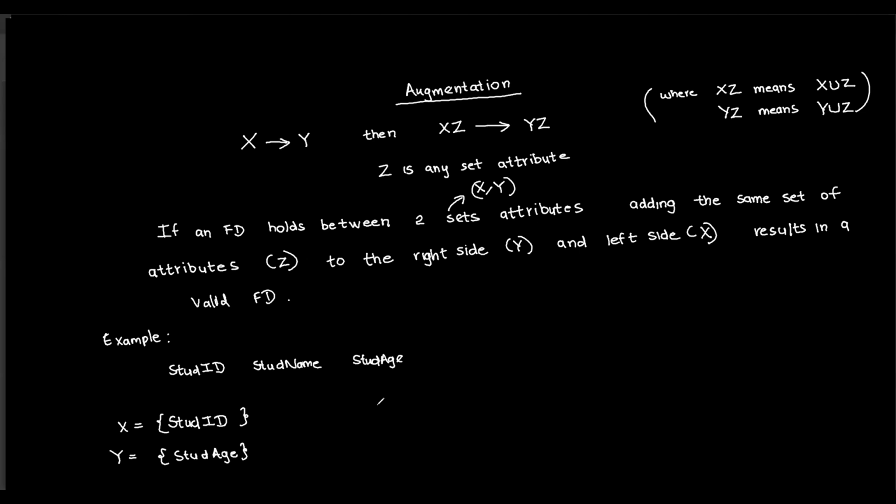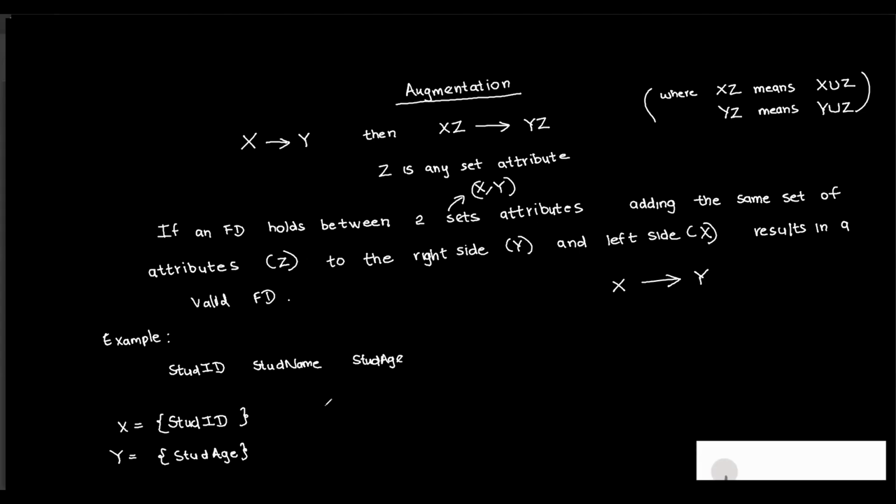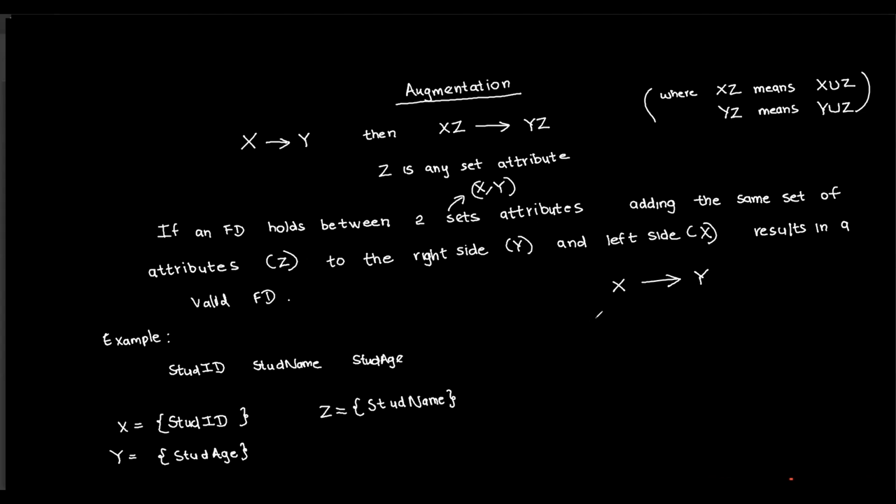Then X functionally determines Y. Now I'm going to introduce a new set, Z equals stud name. As the augmentation axiom states, XZ must functionally determine YZ, and that's true. XZ will be stud ID comma stud name. Even though it's a partial dependency, doesn't matter. We have to find that.